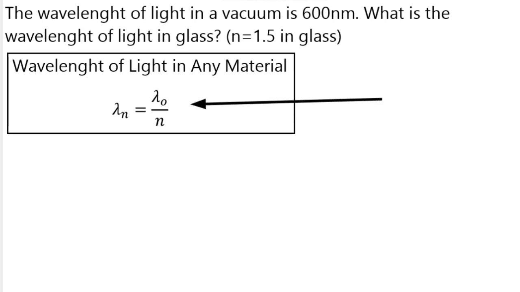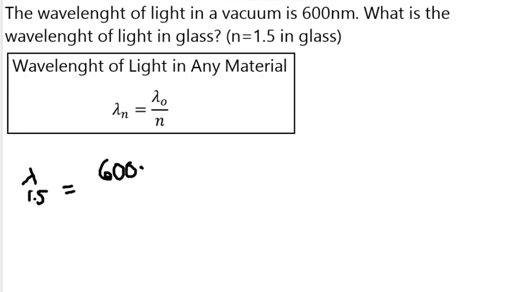The wavelength of light in vacuum is 600 nanometers. What is the wavelength of light in glass? The index of refraction in glass is 1.5. So we can just basically use this equation, wavelength of light in any material. So the wavelength, that's lambda naught.